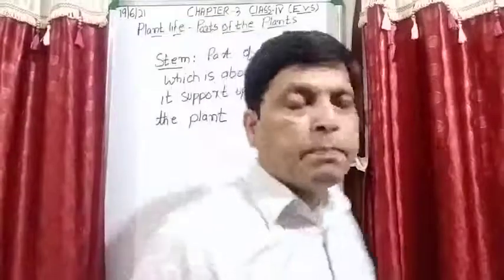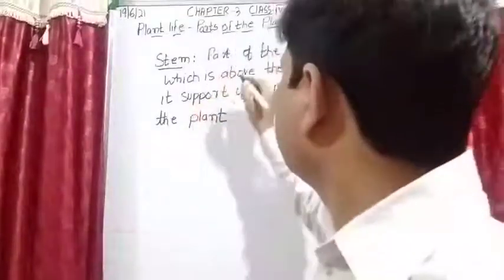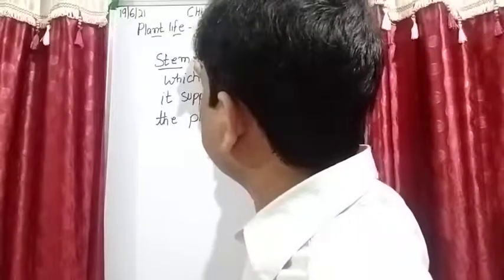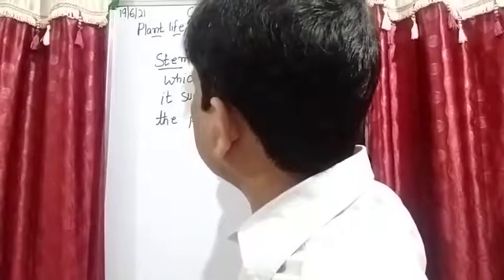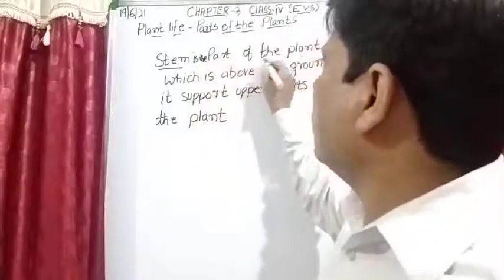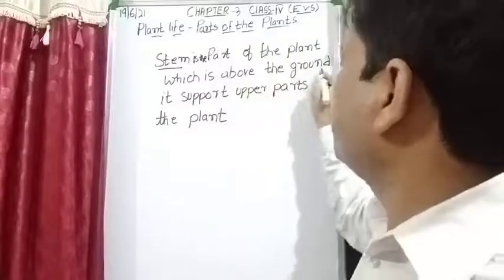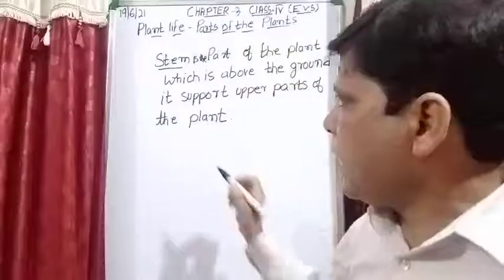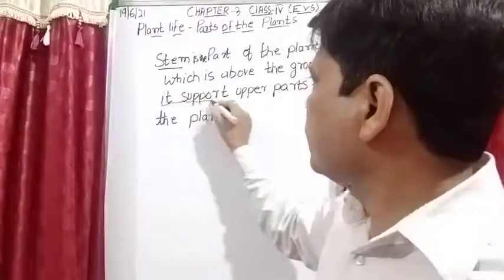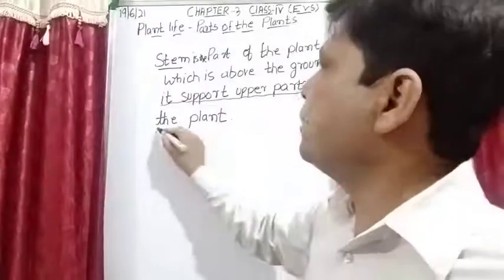So what is a stem? Stem is the part of the plant which is above the ground. It supports the upper part of the plant.